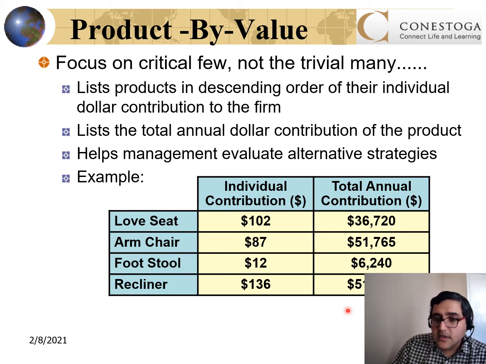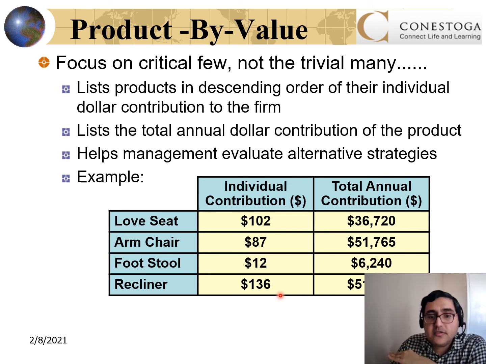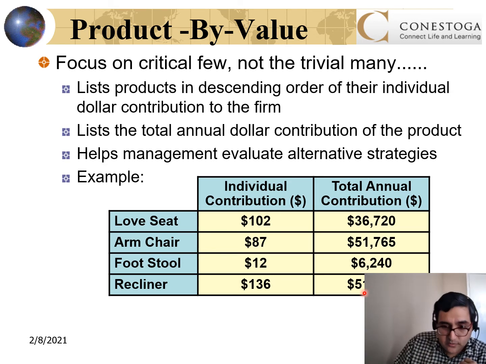Say, for example, in this particular case, let's compare these two products, love seat versus recliner. When I try to sell a particular recliner, I can make a contribution of around $136, and its contribution yearly is going to be 50,000.